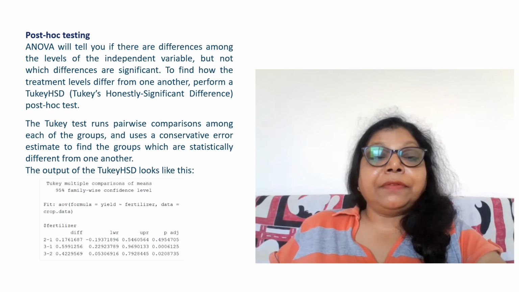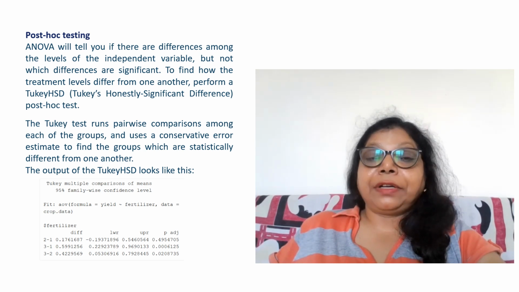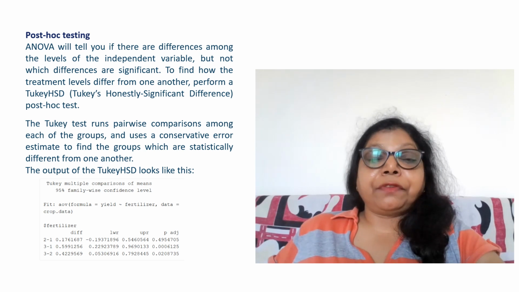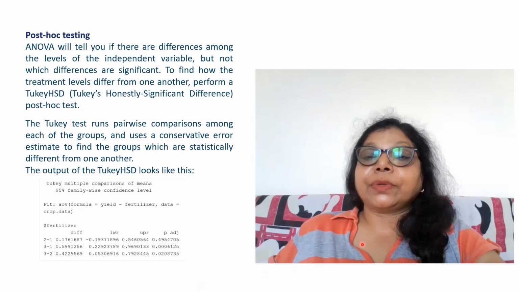Then under the fertilizer section, we can see the mean difference between each fertilizer treatment, the lower and upper bounds of the 95% confidence interval, that is LWR and UPR, and the p-value adjusted for multiple pairwise comparisons. The pairwise comparisons show that fertilizer 3 has a significantly higher yield, as you can see.